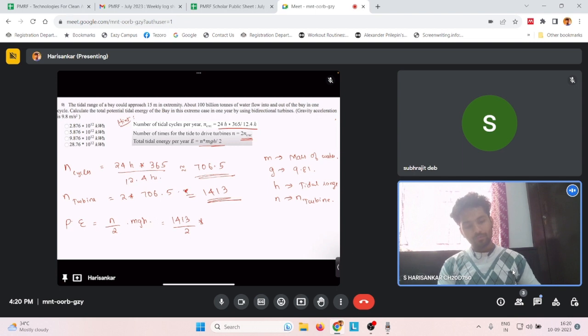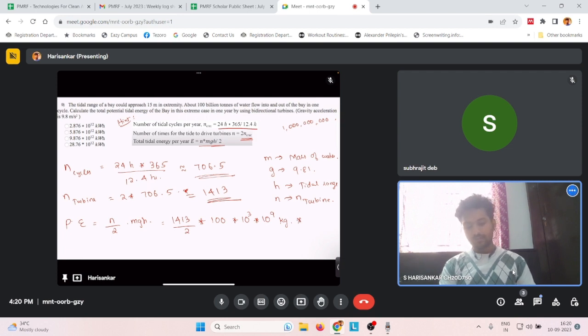So just have to substitute everything here. So n by 2, 1413 by 2 into m. So 100 billion tons. So 100 into 10 raised to, how much is a ton? 10 raised to 3. We are using everything in SI units, right? So this should be in kilogram, into billion. So 1 billion is how much? 10 raised to 9.